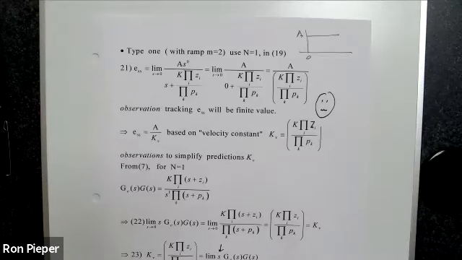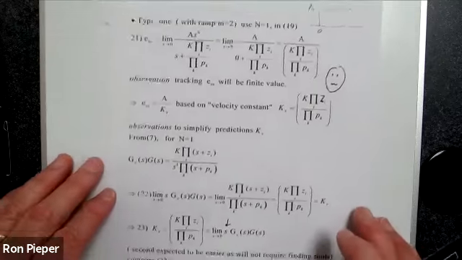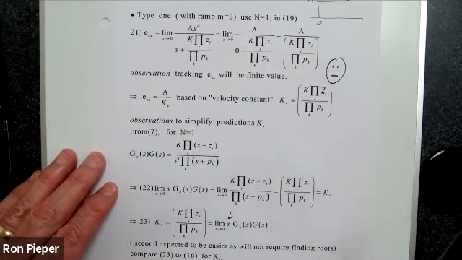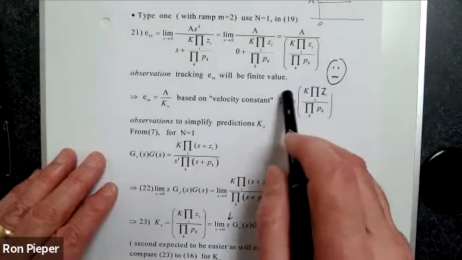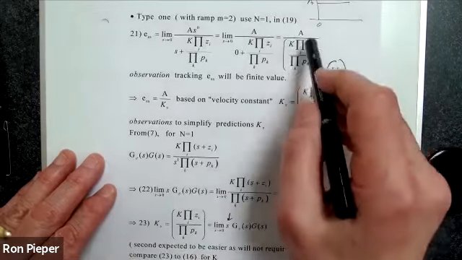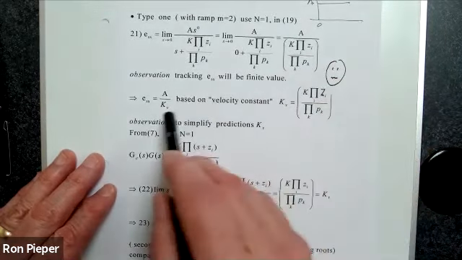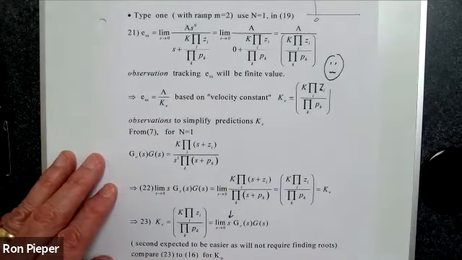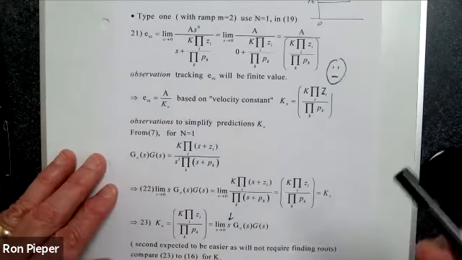However, that's often more work than we need to do, because we can get away with almost the same kind of trick that we did before. First, let's note that whatever that is, we'll call it K sub V, where V stands for velocity. If you check the previous case, there was a K sub P, and that P was for position.